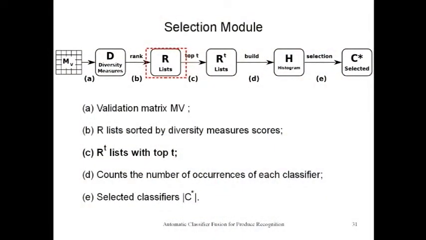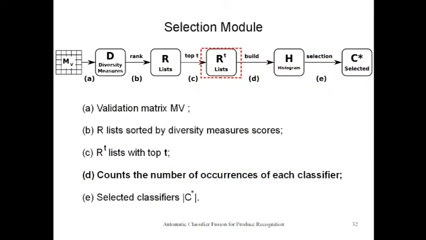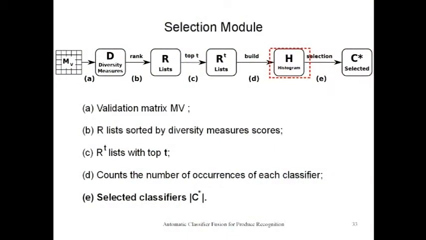We consider the top positions in these ranked lists. The next step is to count the number of appearances of each classifier in these lists. The classifiers with the most appearances, in the histogram of counting, are the selected classifiers.